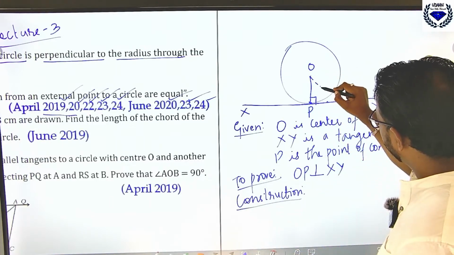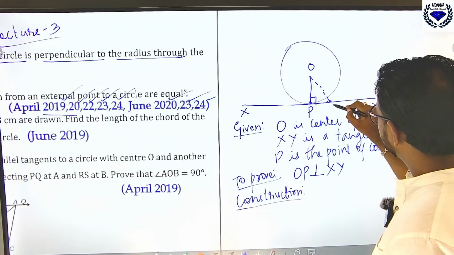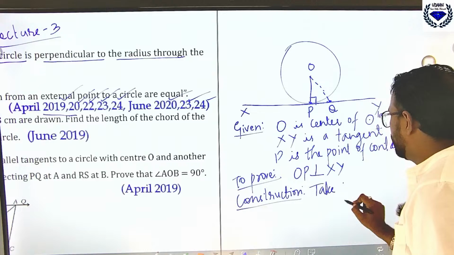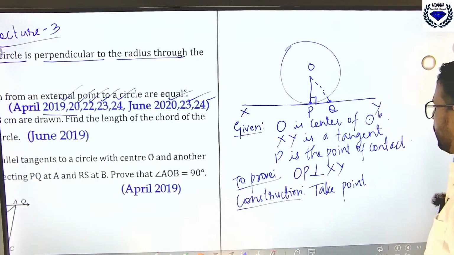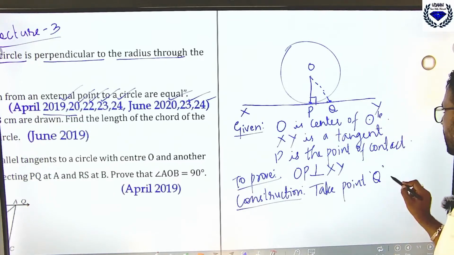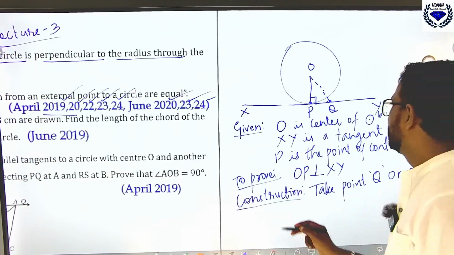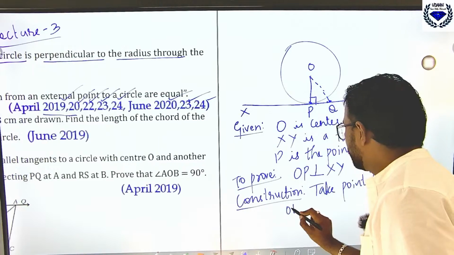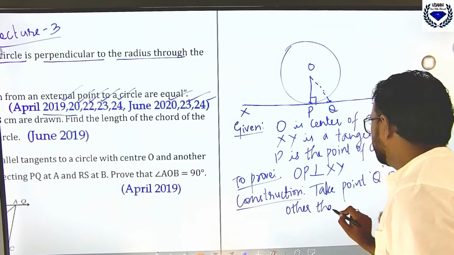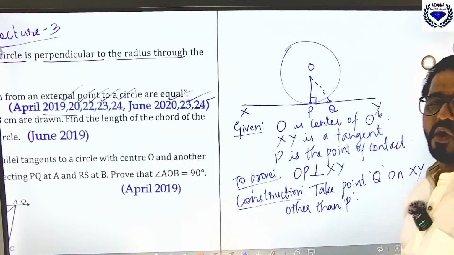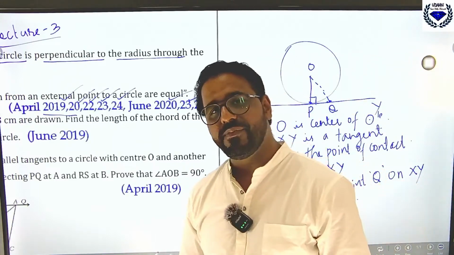Use a dotted line to show the construction. You should take point Q on XY other than point P. That means you should take point Q on XY anywhere except point P. That is what the theorem says.